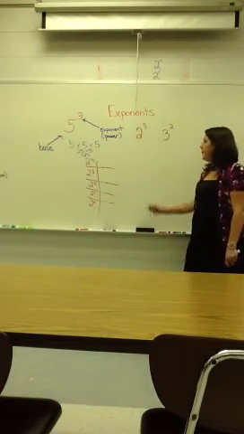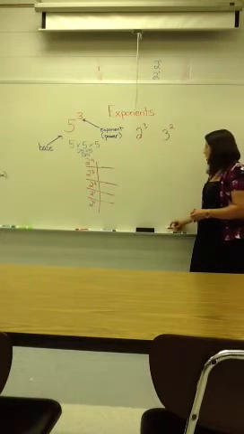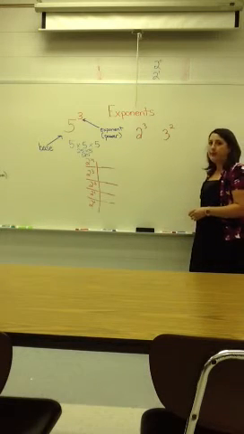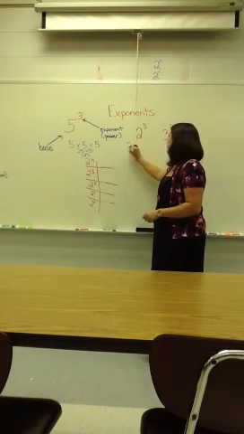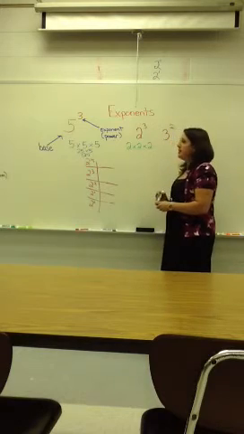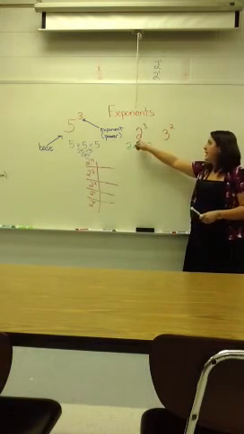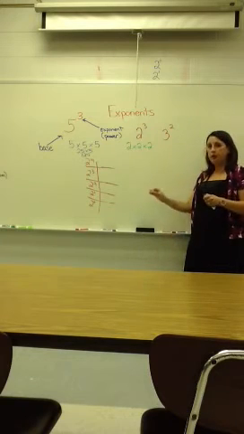Let's look at another example. Let's say I had 2 to the third power. Well, 2 to the third power means that I have the number 2 multiplied 3 times. 2 times 2 times 2. We say that 2 to the third power. We could also say that as 2 cubed.